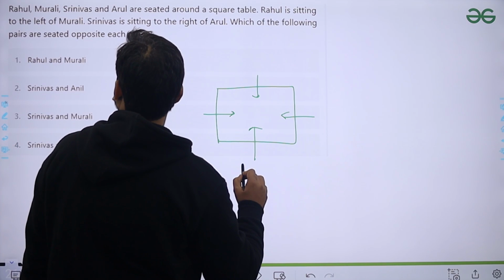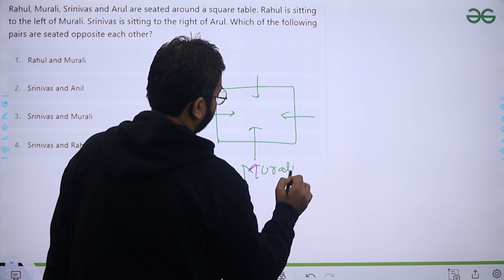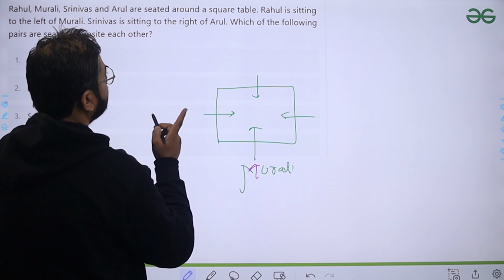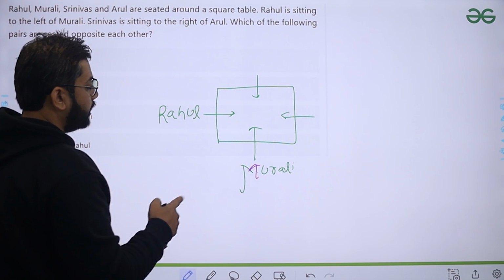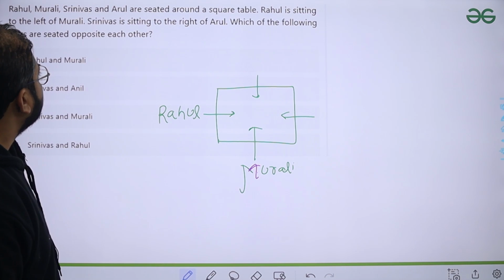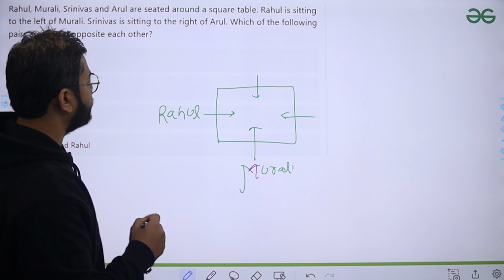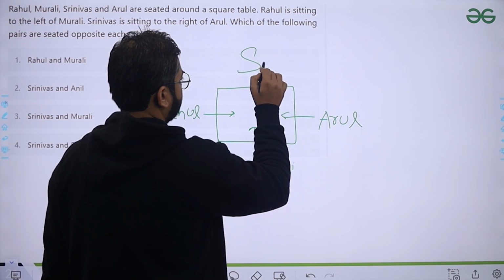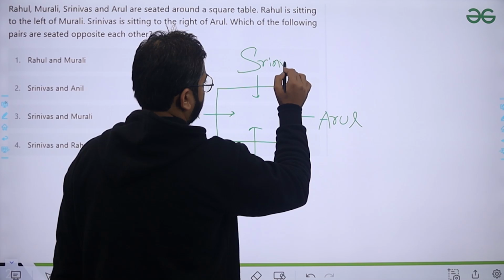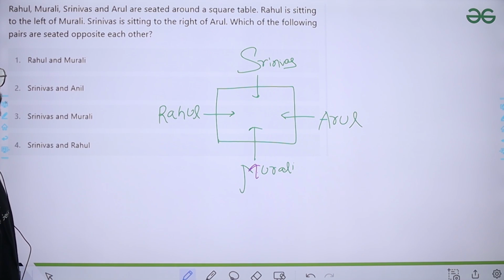So if Murli is over here, then on the left will be Rahul. Now Srinivas is sitting to the right of Arul. So if Arul is here, Srinivas will be here.